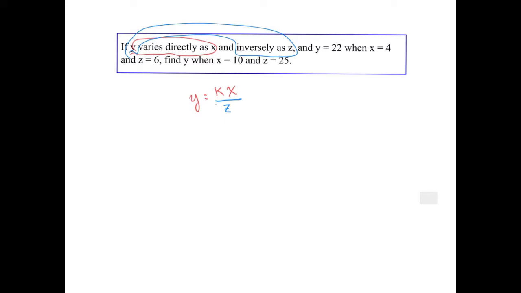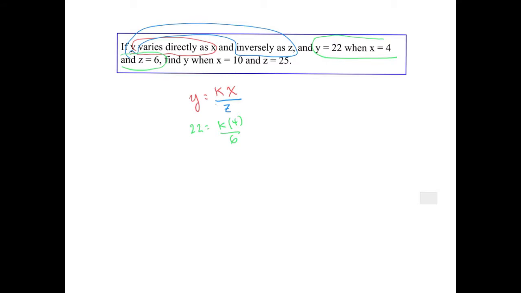So the rest of the process is pretty much the same as what we've been doing. You have a complete set of information. y is 22 when x is 4 and z is 6. So you plug that in to get k. There's many ways of solving this for k. I would probably multiply by 6 and divide by 4.